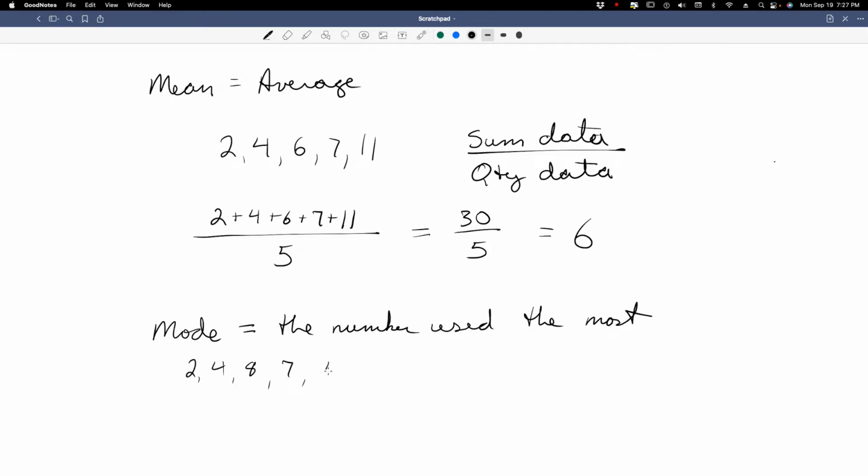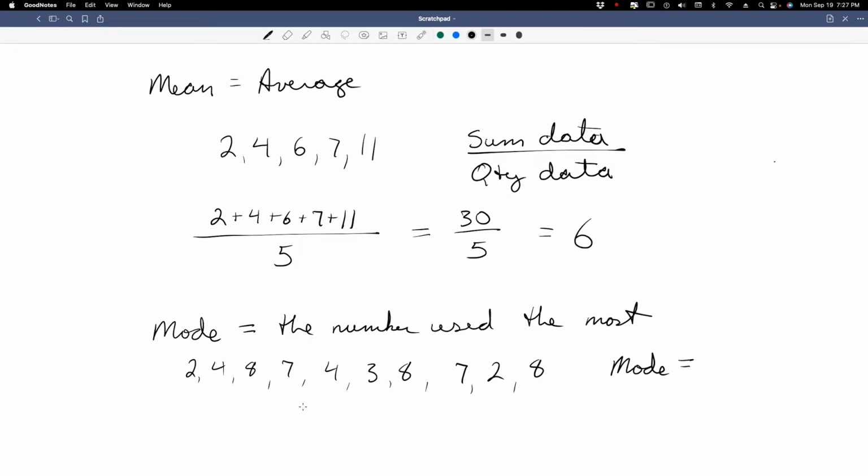What is our mode in this set of data? Well, I have 2 used twice. I have 4 used twice. I have 7 used twice. I have 3 only used one time. And 8 is used 3 times. My mode, the way this is, is 8.